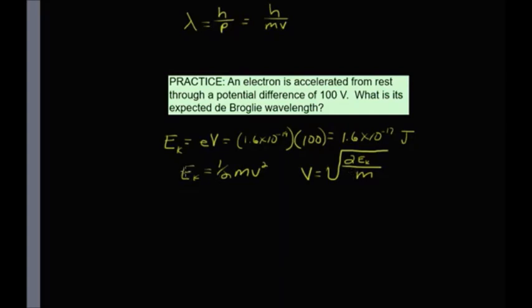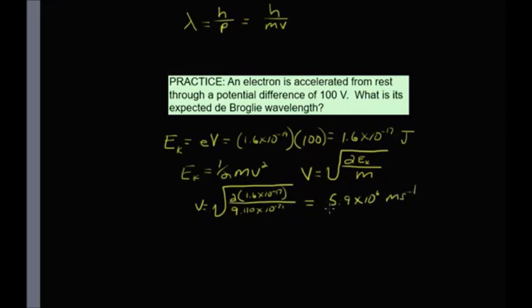Yeah, okay, that looks good. So velocity equals the square root of 2 times 1.6 times 10 to the minus 17th divided by the mass of the electron, 9.110 times 10 to the minus 31. Take the square root of that, and we get a velocity of 5.9 times 10 to the 6 meters per second.